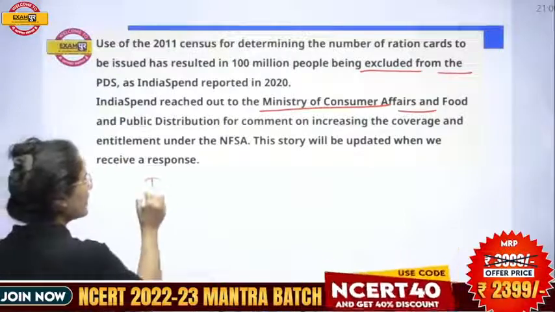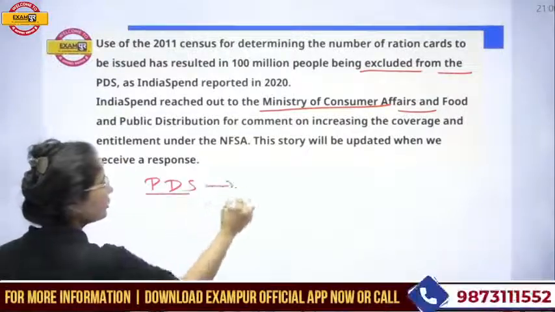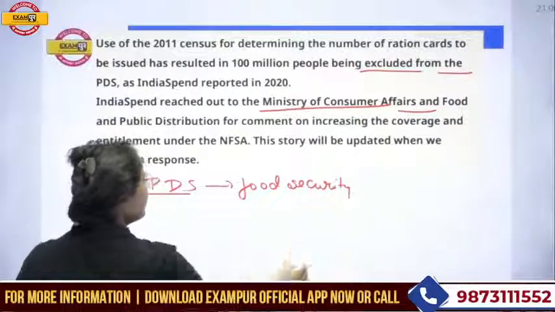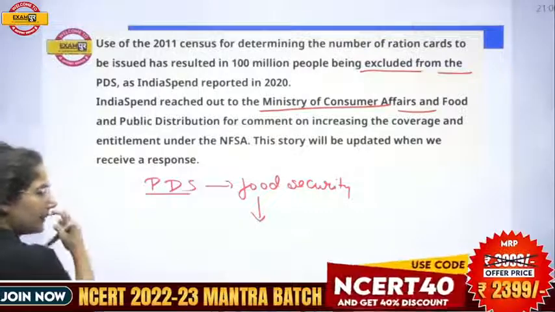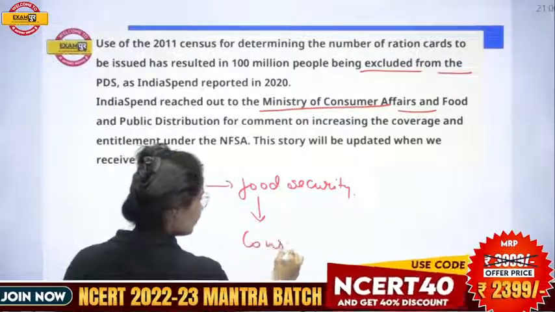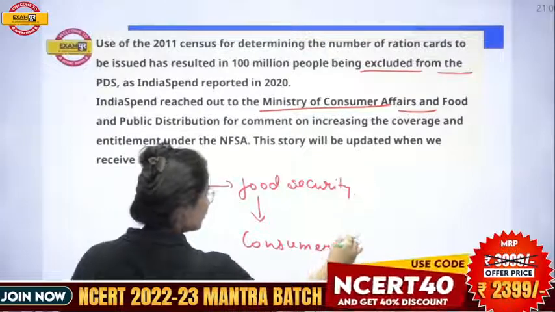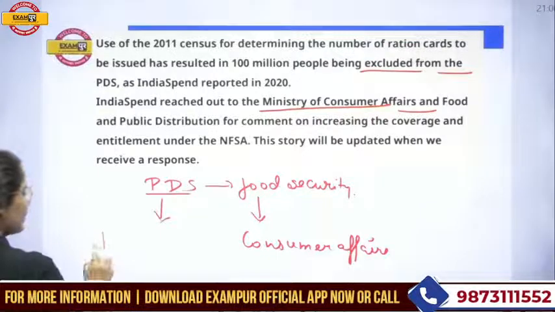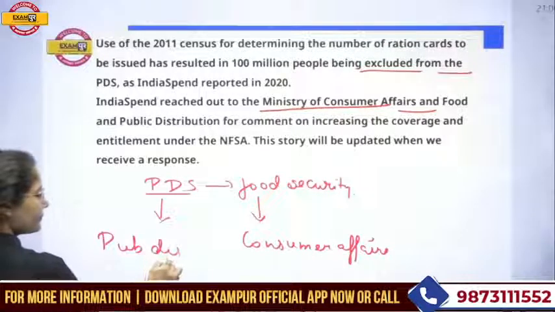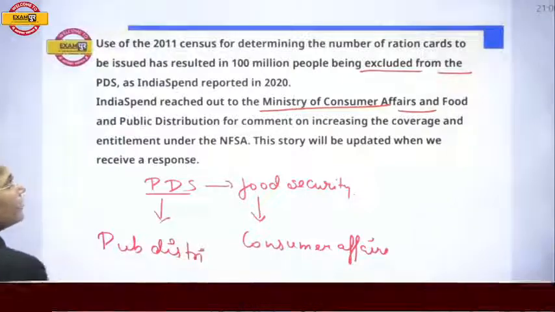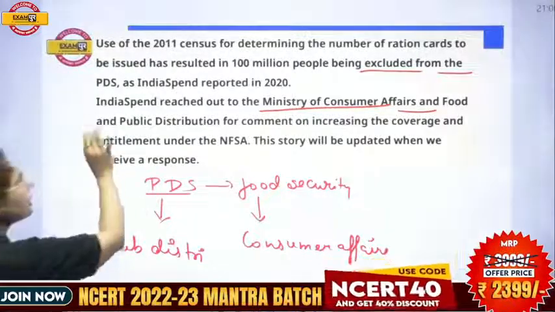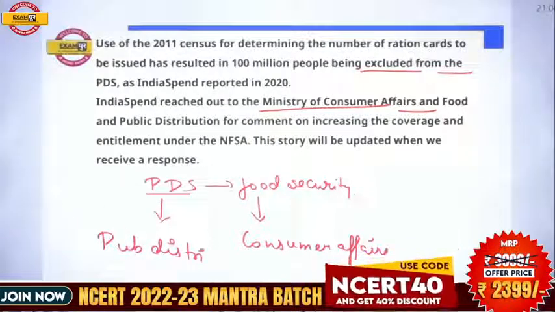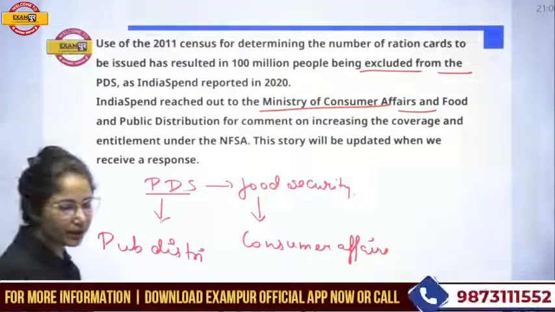PDS is related to food security, a major concern for the consumer affairs ministry, which has to deal with the public distribution, and the number of ration cards issued has resulted in 100 million people being excluded.